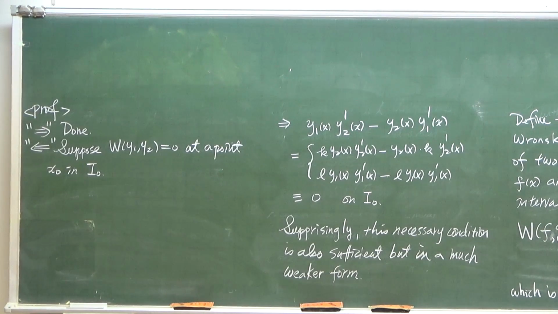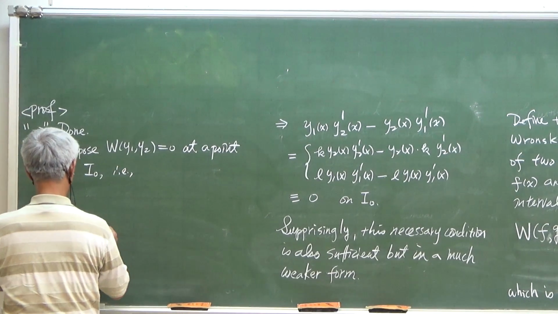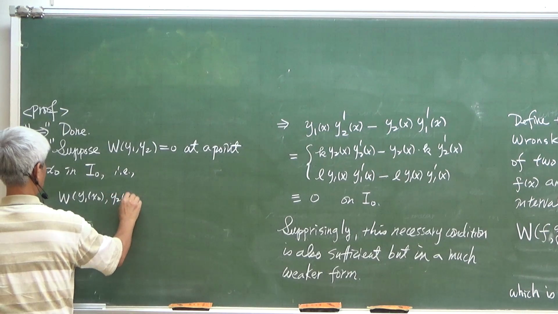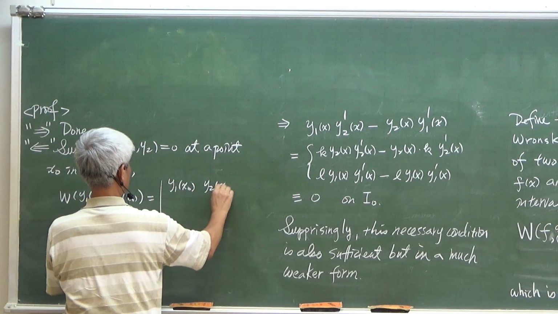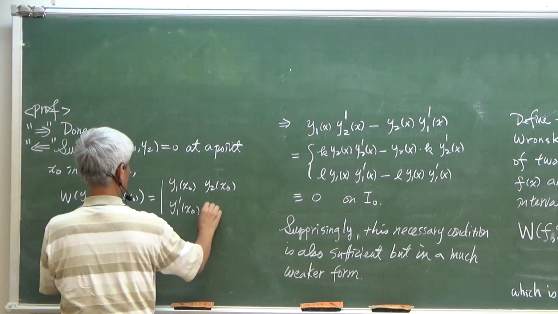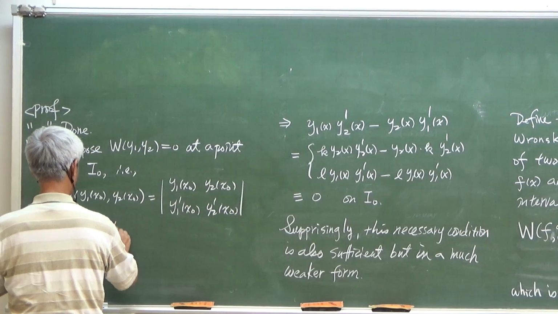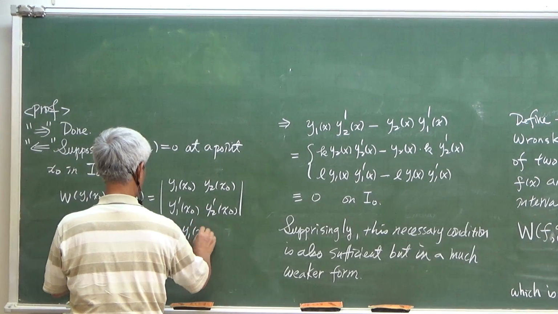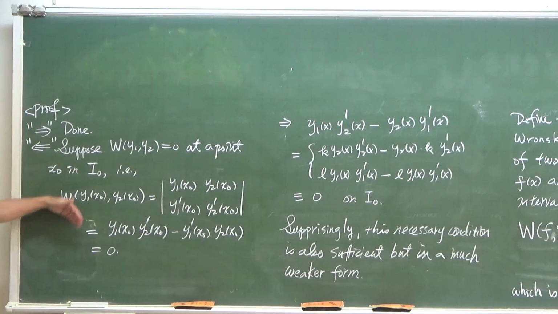That is, the Wronskian, the determinant with entries y1(x0), y2(x0), y1 prime(x0), y2 prime(x0), which is y1(x0) y2 prime(x0) minus y1 prime(x0) y2(x0), is equal to 0. We are given this value.